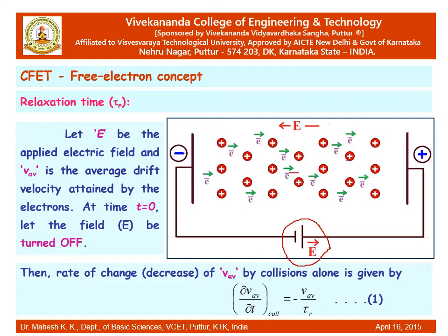Relaxation time is the time taken by the electrons to come to rest position when the field is just turned off. Mathematically, it can be defined to start with as the rate of change of velocity, which is decreasing here, given by minus V average by tau r.